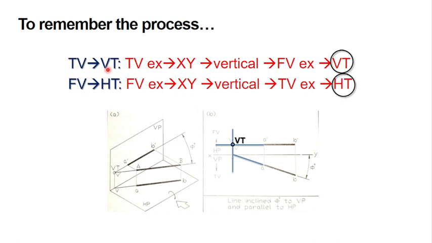So TV, VT is mirror kind of images. Let us look at it again. Extend top view till XY line, draw the vertical from intersection, then the other view will intersect this vertical line and get a point here. This is TV, so we are going to get VT.